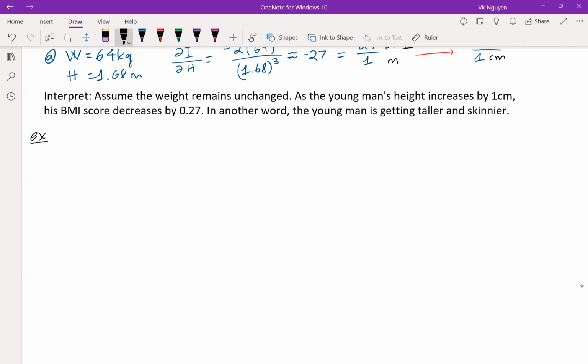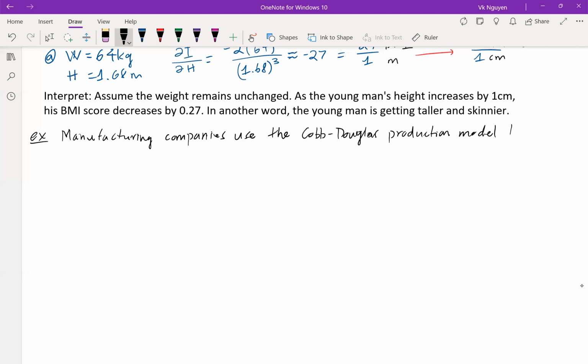Here comes the second problem. A manufacturing company used the Cobb-Douglas production model to model their production level, their productivity.